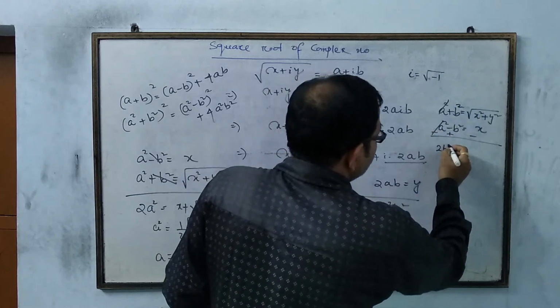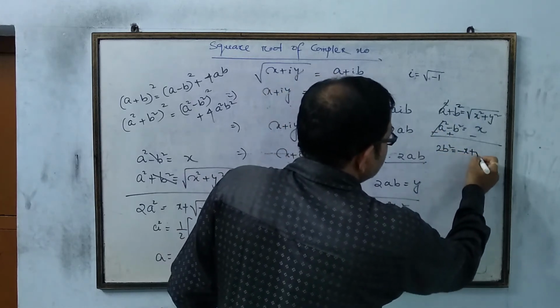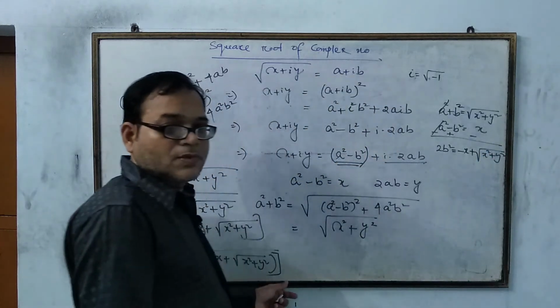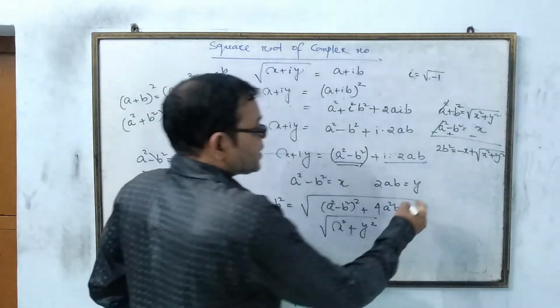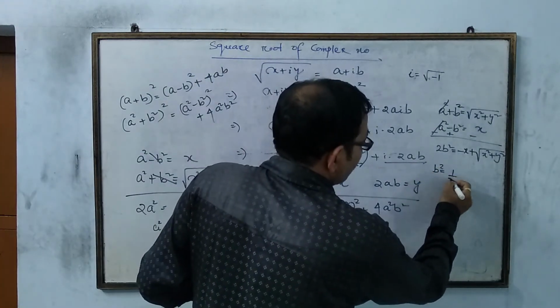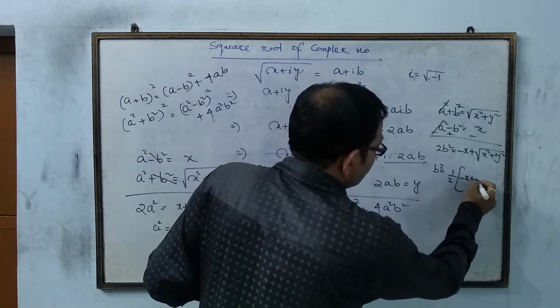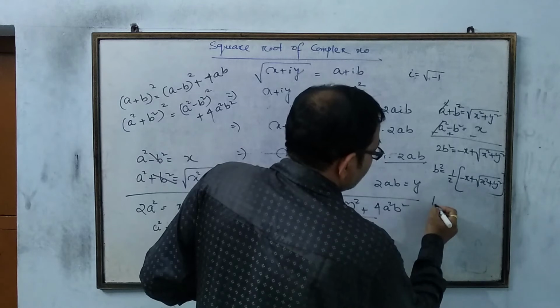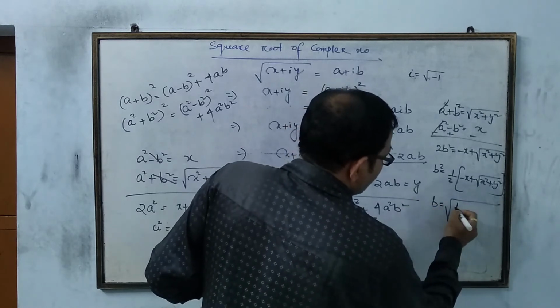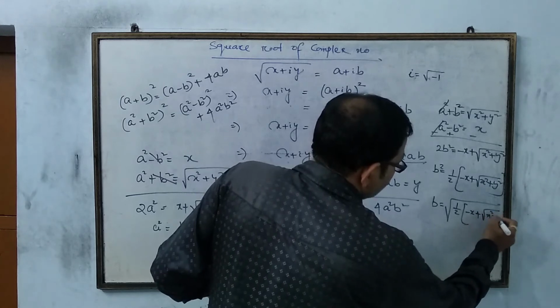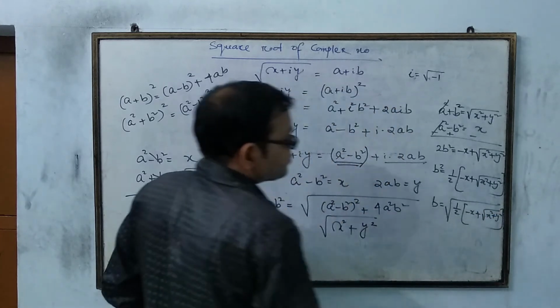So 2b square equal to minus x plus root over x square plus y square. What about b square? B square equal to 1 by 2 into minus x plus root over x square plus y square. So what about b? Under root half into minus x plus root over x square plus y square.